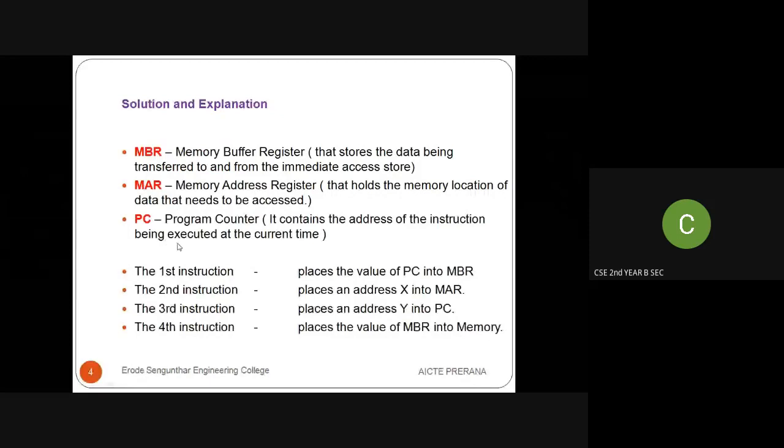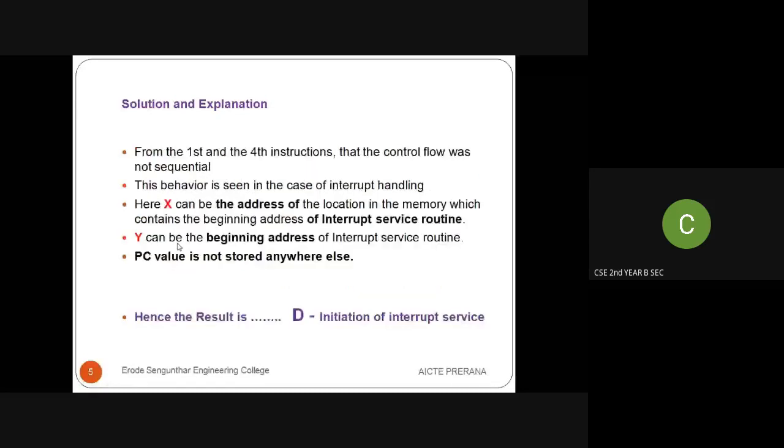So basically, in the first and the fourth instruction, the control flow was not sequential. The first instruction is unique, the second one is unique, the third one is unique, and the fourth one is a unique instruction. So there is no control flow between the intermediate states of these four instructions. This behavior is seen in the case of interrupt handling. We are familiar with interrupt handling, right?